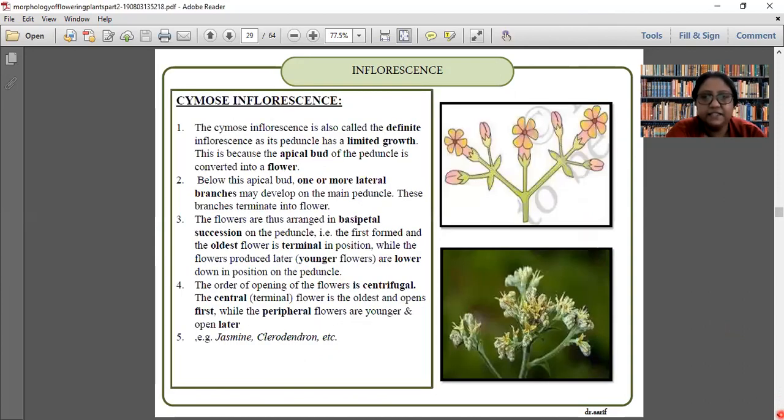So next type of inflorescence that is there is called cymose inflorescence. Okay. So in cymose inflorescence, it is exactly opposite. Can anyone tell me what is cymose inflorescence? रेसिमोस से कुछ हटके ही होगा. रेसिमोस की डेफिनेशन क्या पढ़ी थी हमने?